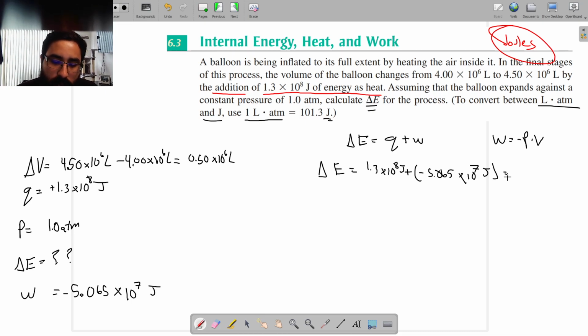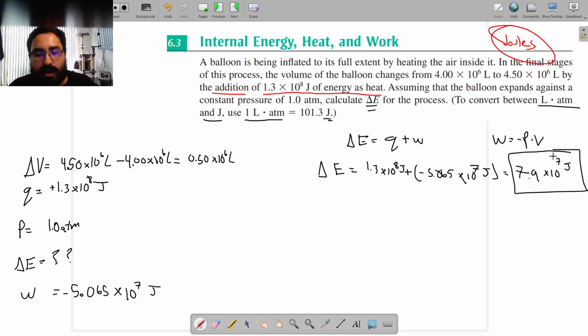So let's do 1.3 times 10 to the 8, subtract 5.065 times 10 to the 7th, and we get 7.9 times 10 to the 7 joules. All right, and this right here is our answer.